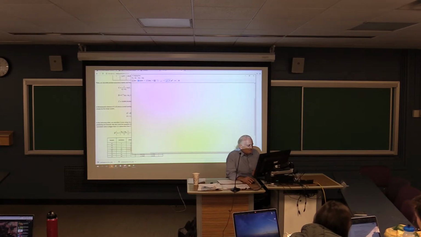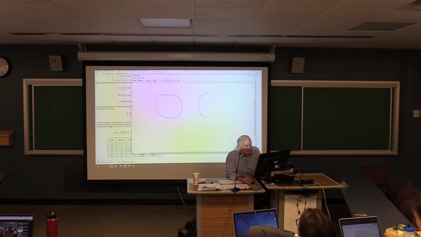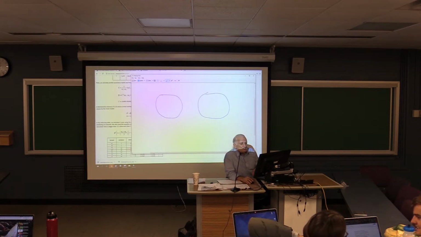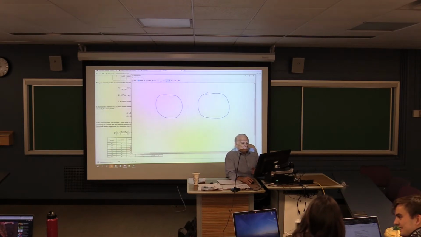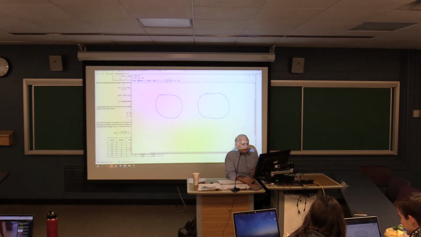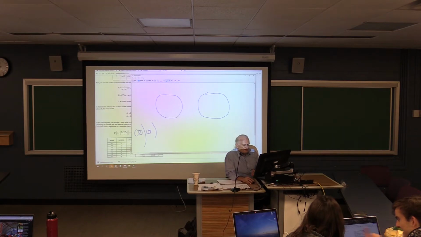If I have two groups, two classes, two populations, those two can be overlapping, very overlapping, or they can be like this, or they can be far away.